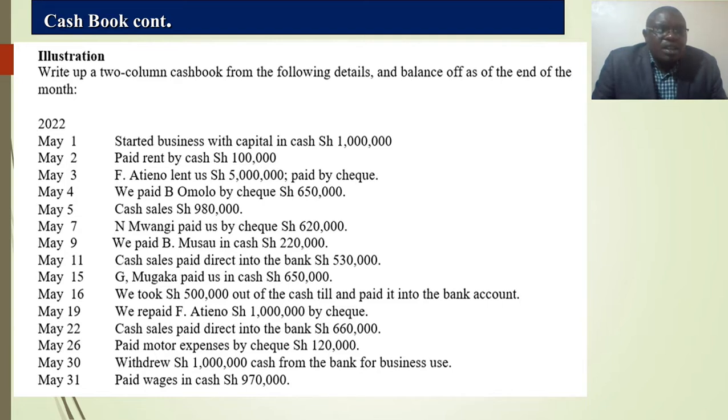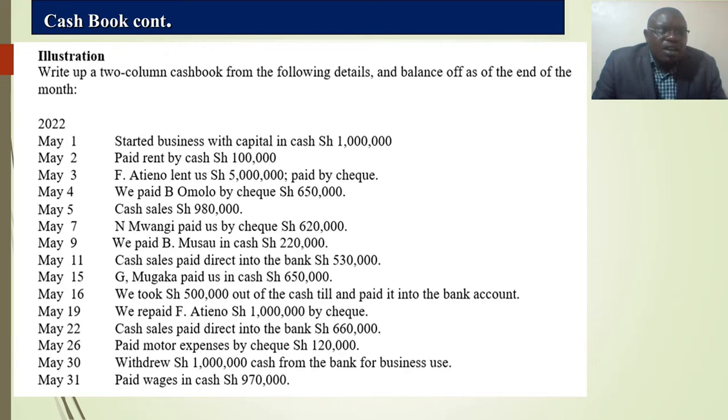On May 2nd, paid rent in cash, 100,000 Kenya shillings. On May 3rd, FRTNO lent the business 5 million Kenya shillings by check. On May 4th, the business paid Bio Molo by check, 650,000 Kenya shillings. On May 5th, cash sales, 980,000 Kenya shillings.